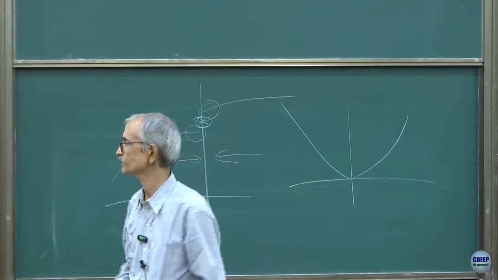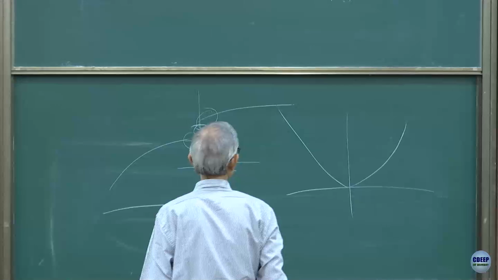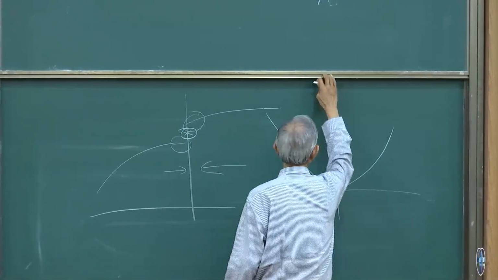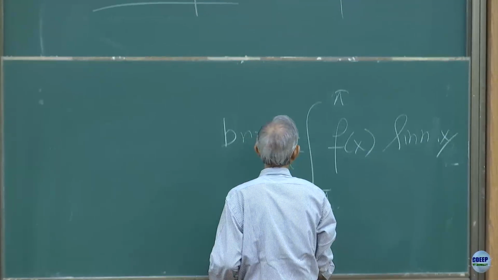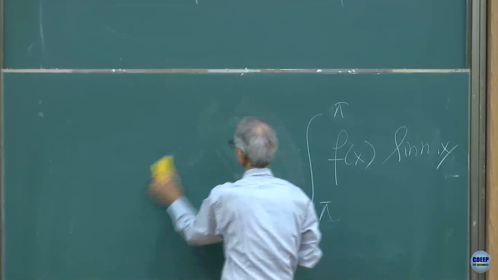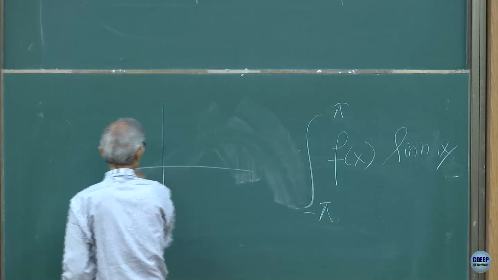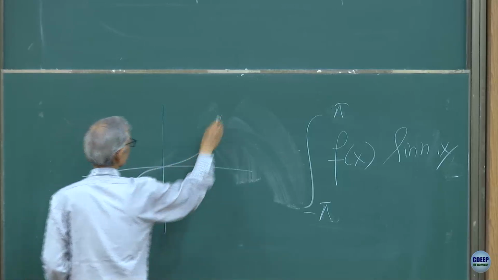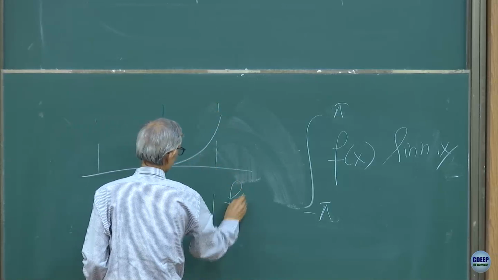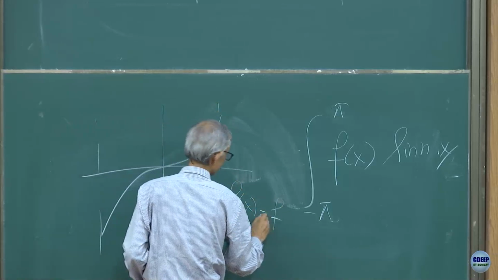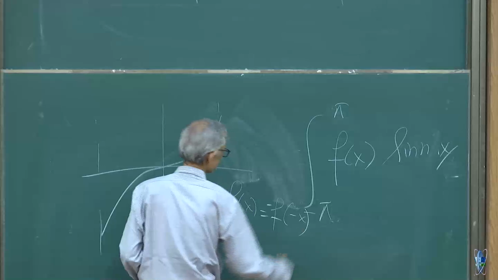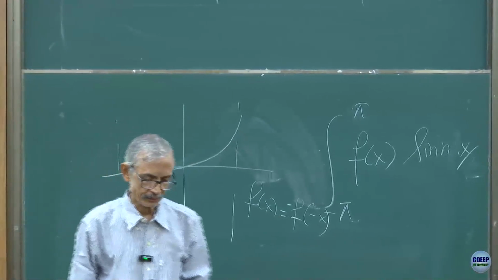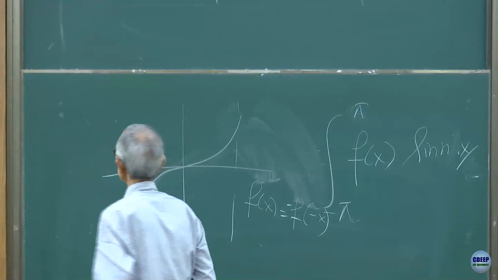And an odd function is somebody who looks like so. So this is f of x is minus of f of minus x, and that is an odd function, and the even function is f of x equal to f of minus x.